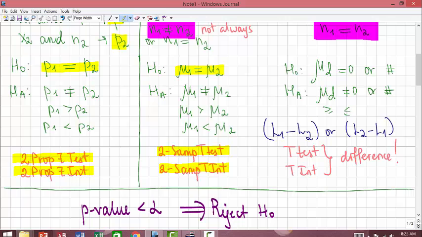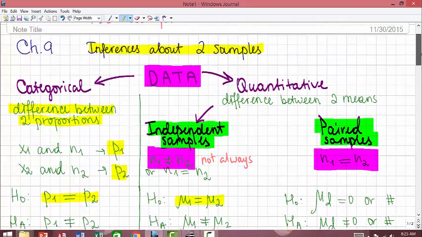If you have the raw data, meaning all of the numbers are given to you, then you carefully plug them in L1 and L2, or whichever columns you decide to go with, and then you use these commands to make inferences about these two samples. So that's what you do if you have independent samples.